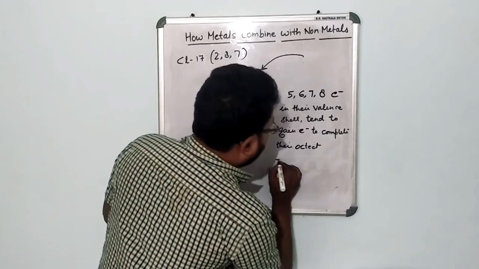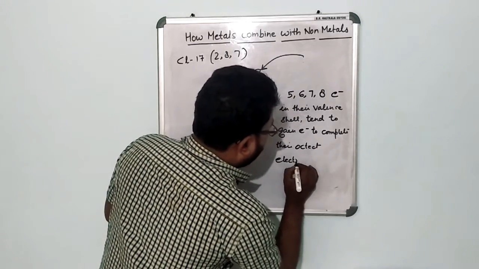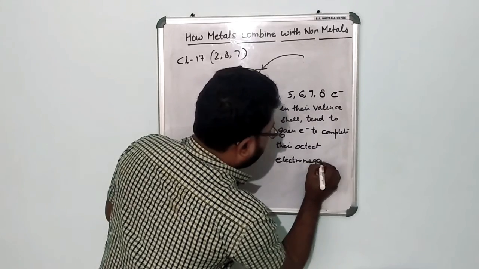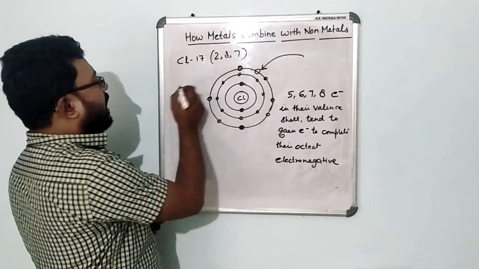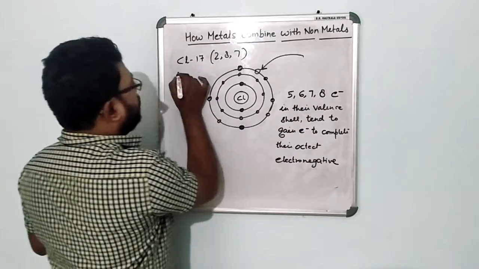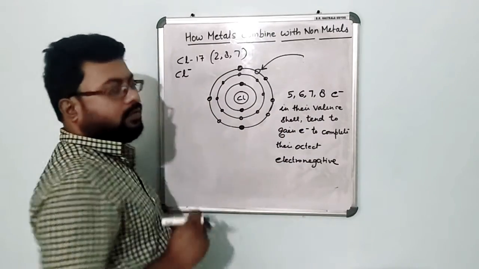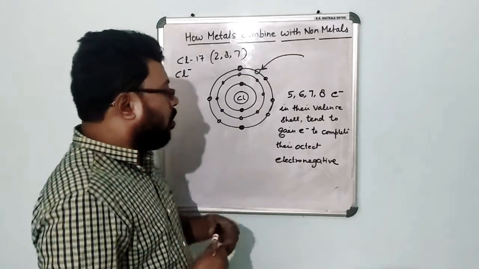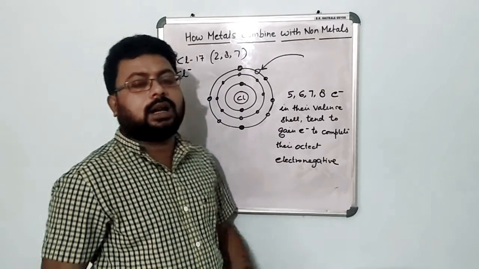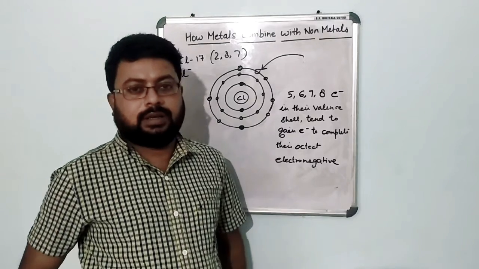Okay, and they are called electronegative. Why electronegative? Because whenever an electron is added to chlorine, it will gain a negative charge and it will become chloride. So all the non-metals are electronegative.